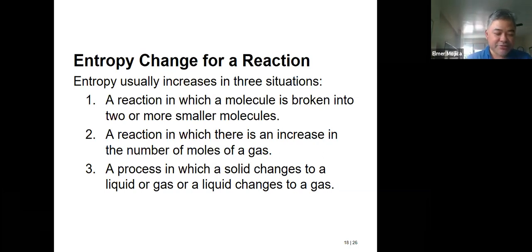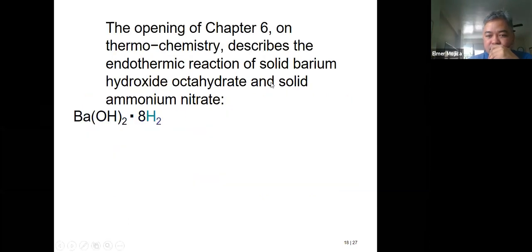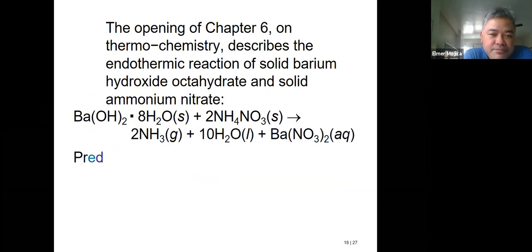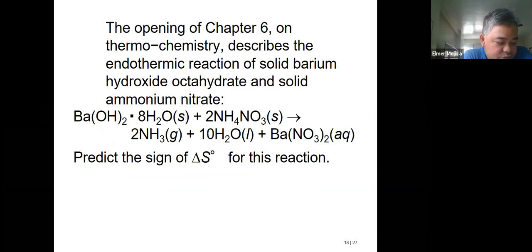So maybe let's try to work on this one. What could be the delta S sign there? Will it be positive or negative?